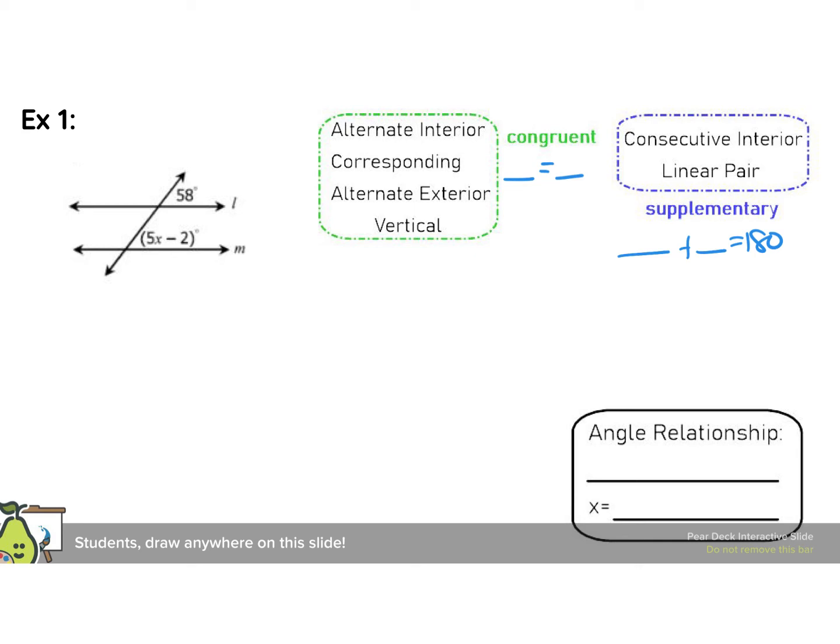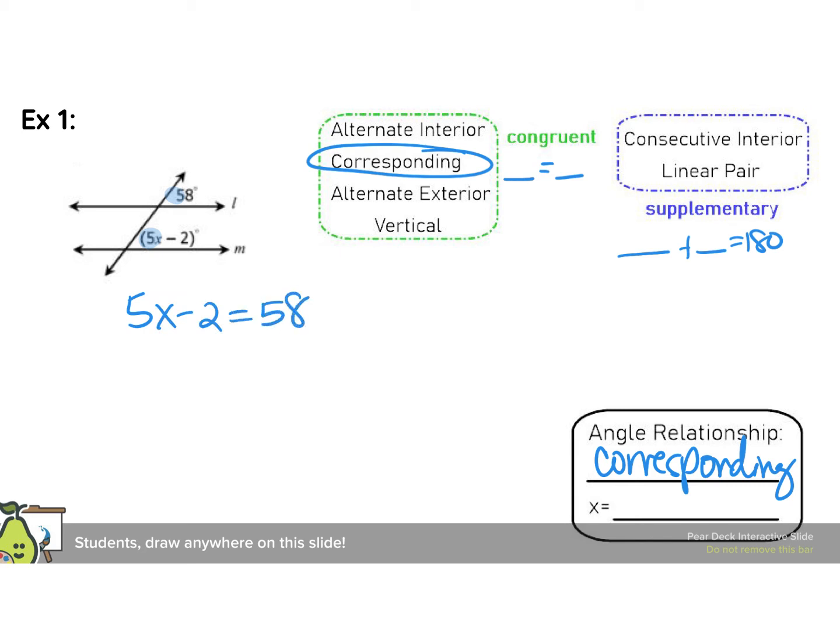So if I look at this angle here, 58 and 5x minus 2, those would be corresponding, right? So I'm going to put that down here. They're corresponding angles. So I'm going to set them equal to each other. So 5x minus 2 equals 58.